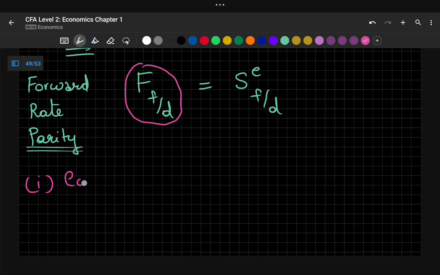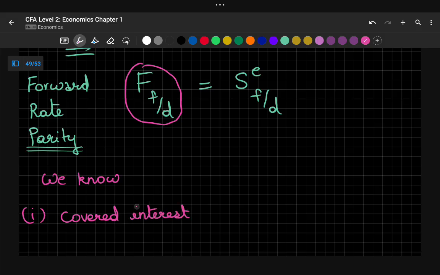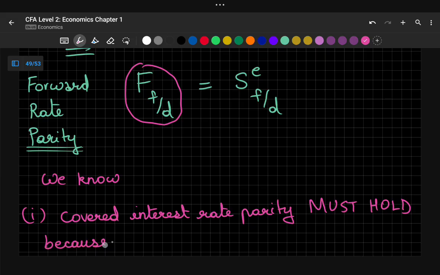Hence, covered interest rate parity must hold, because of arbitrage and because the investment is already hedged.